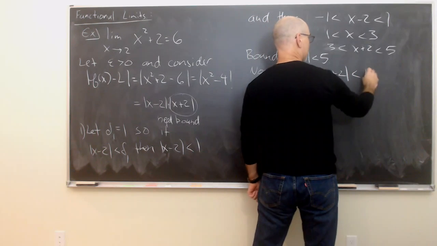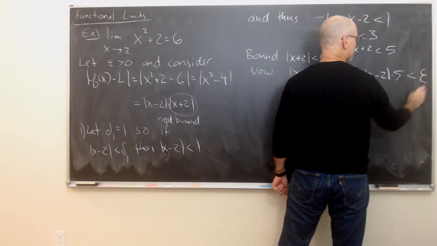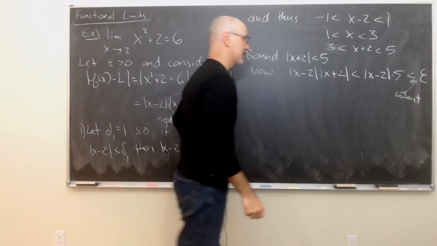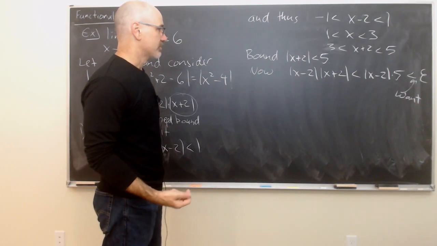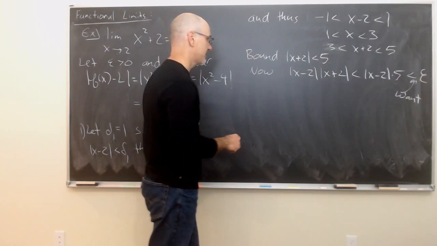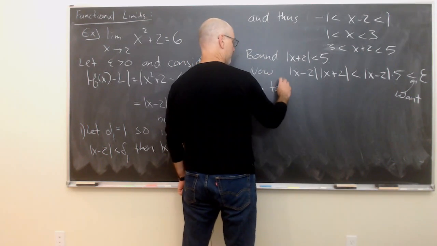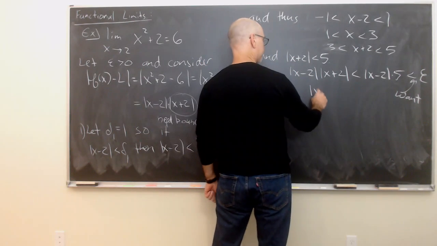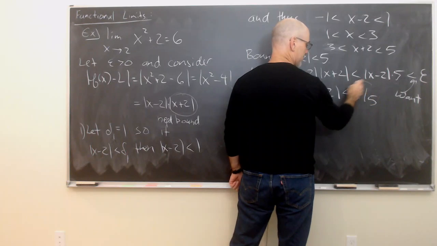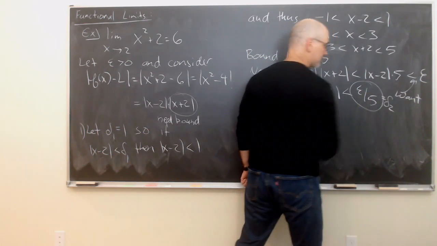That's less than absolute value of x minus 2 times 5, and I want all of that to be less than epsilon. Well, from this point, it's not so bad because I can just divide both sides by 5. And this reveals what I'll call my second delta, delta 2.